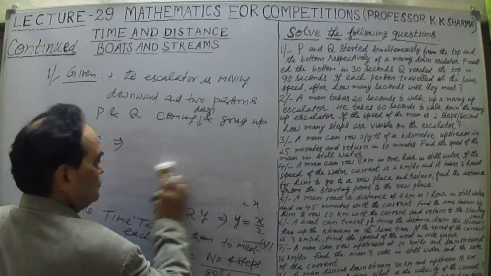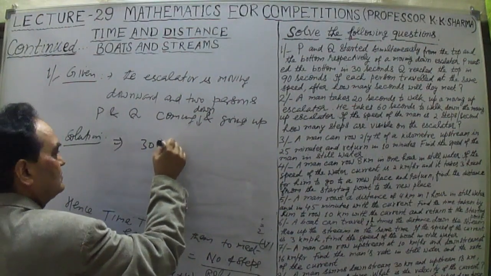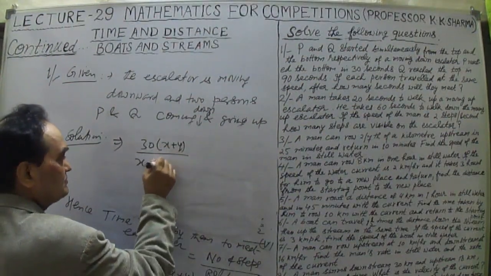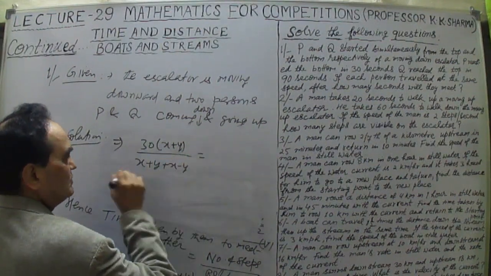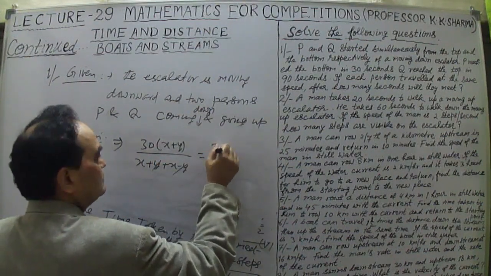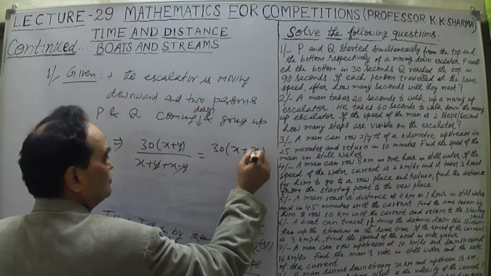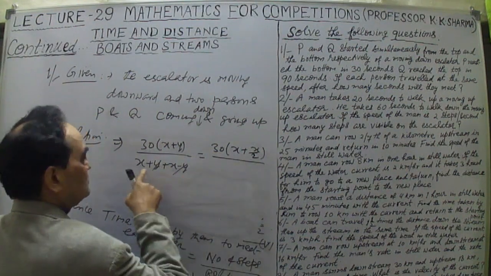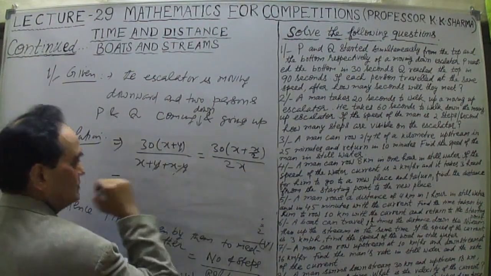So finally we have solved it as 30 into (x plus y) divided by (x plus y) plus (x minus y). Here minus y plus y cancel out. So it will be 30 into (x plus y), where the value of y we calculated in equation number 5 is x upon 2, divided by x plus x, twice x. So x can be cancelled out.